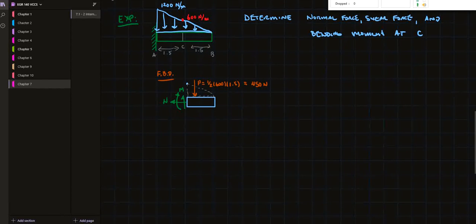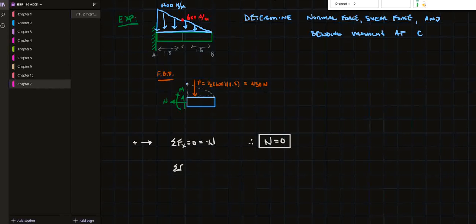So let's just do some fundamental analysis here to figure some things out. First, we'll sum forces in the x direction equal to 0, and we see that we have N. It's actually minus. Let's make this sense positive. So therefore, N equals 0. That is our first solution, our first load.